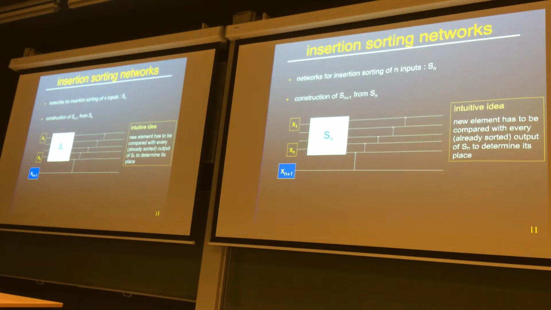You just compare your new input with every input that is appearing on the output of this sorting network. So in principle, the right place of your new input could be, of course, this place, that place, that place, that place, until the first place.